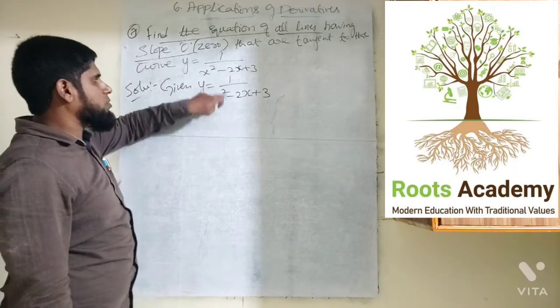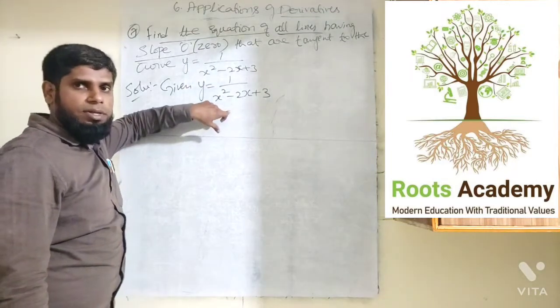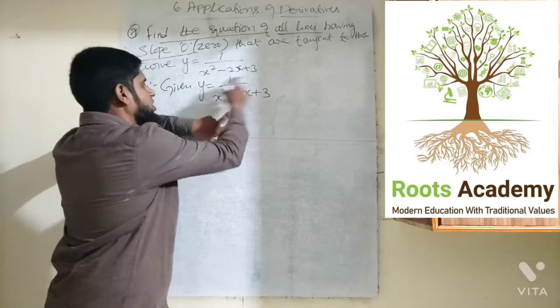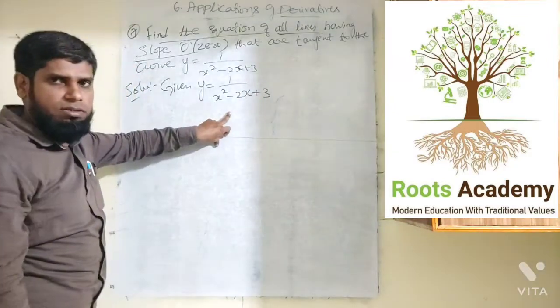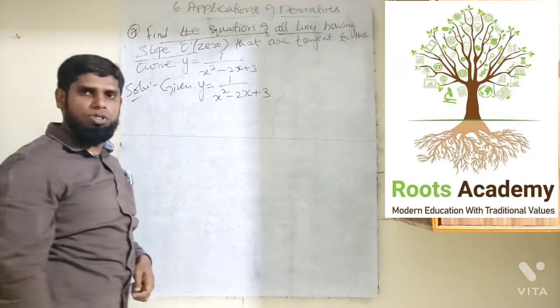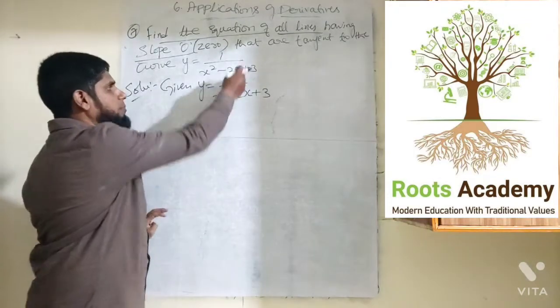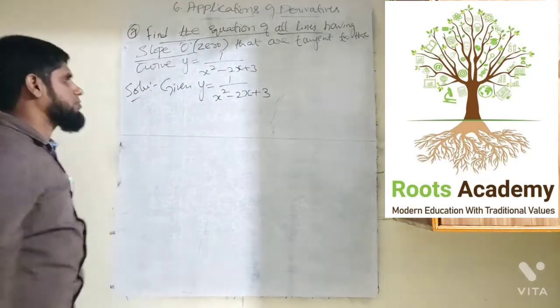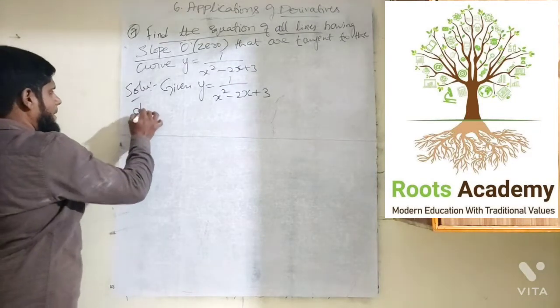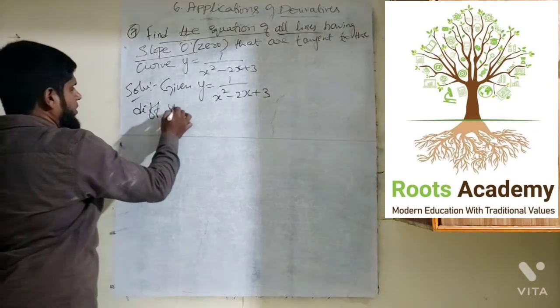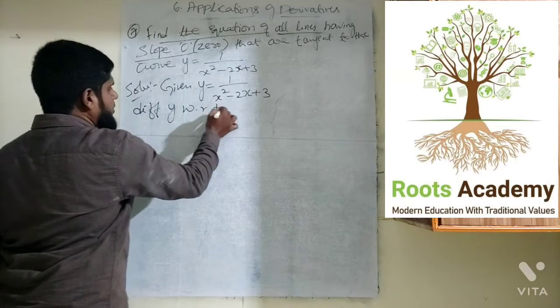And here we can use the 1 by x derivative, and then after that I can differentiate the denominator. Or if you want, we can use the quotient rule also. But it's better you go with the 1 by x derivative. Differentiate y with respect to x.